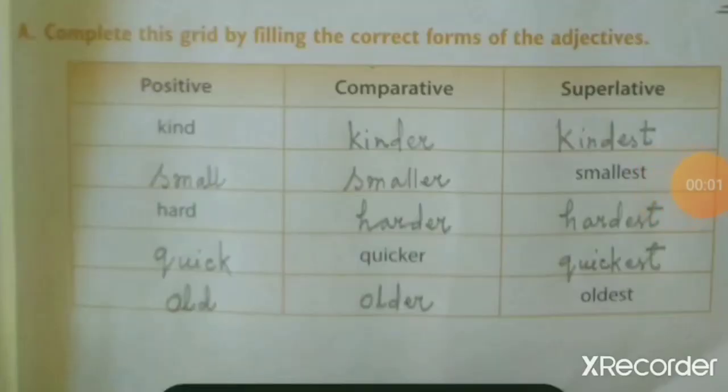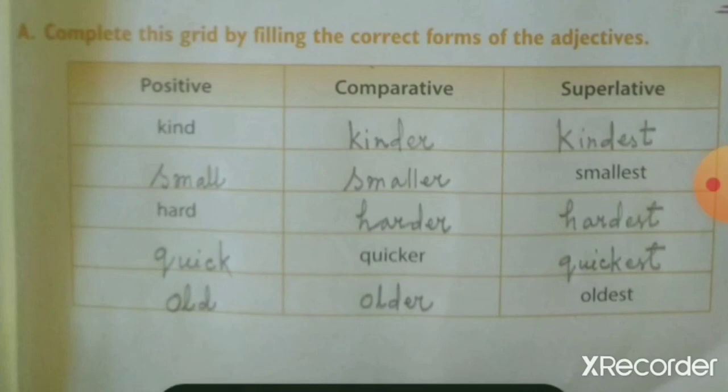Now children, we will solve the exercise. You see question A. Complete this grid by filling in the correct forms of the adjectives. Here you see positive, kind. So comparative will be kinder and superlative will be kindest. Then small, smaller, smallest.